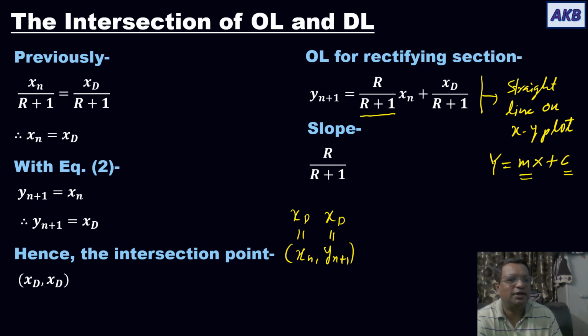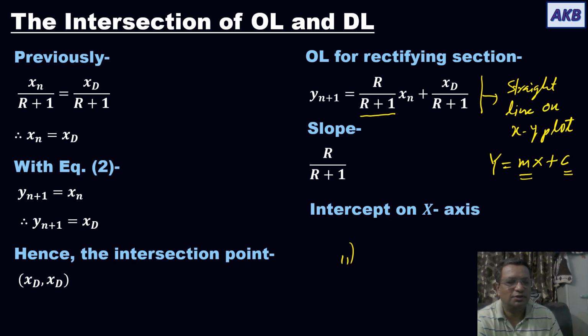So if you compare these two equations, the slope m will be equal to R/(R+1), and the intercept on the y-axis is xD/(R+1).